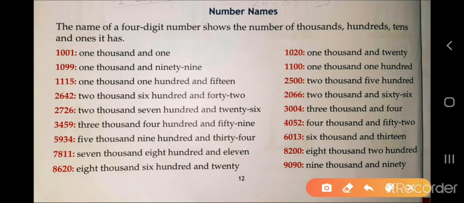This is 1001. Okay, this is 1099. So you have to consider one thing: why is it written 1000, because there is no digit on the hundreds or tens place.